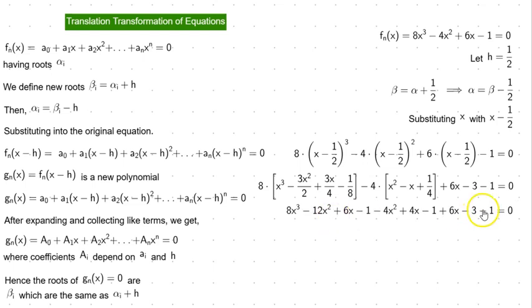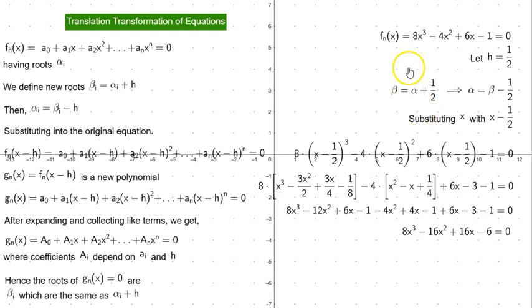It's just a question of opening up the brackets and simplifying it. We get 8x cubed minus 16x squared plus 16x minus 6 equal to 0. So that is the transformed polynomial equation.